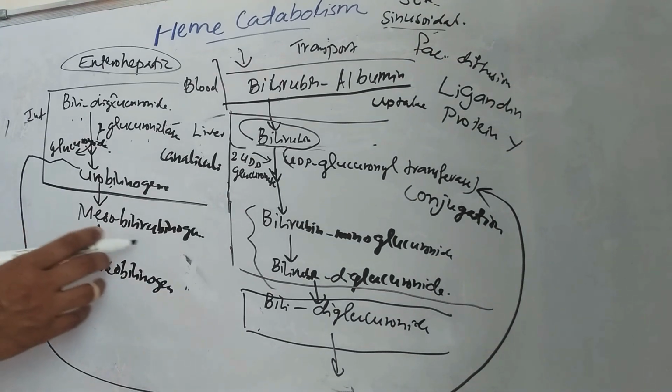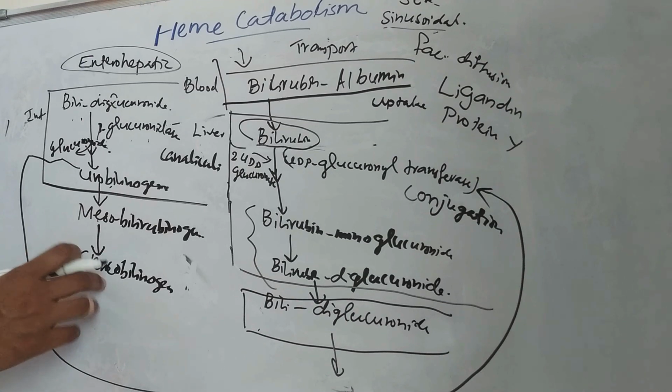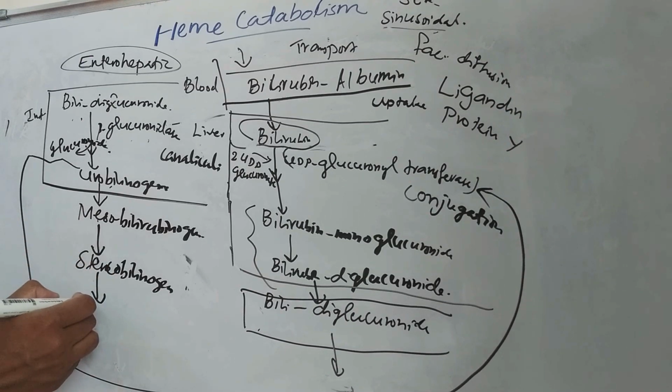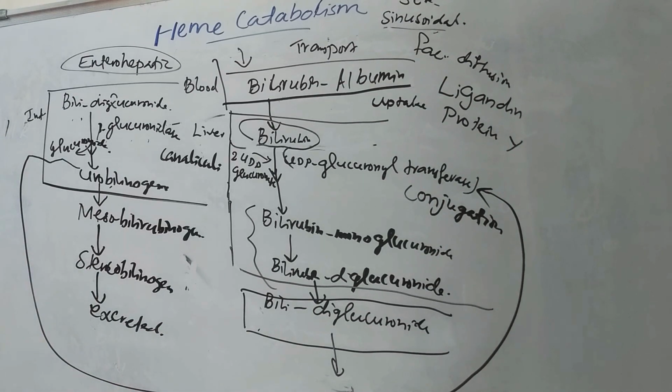This stercobilinogen gives the brown color of feces. It is responsible for the color of feces, and it is excreted in feces.